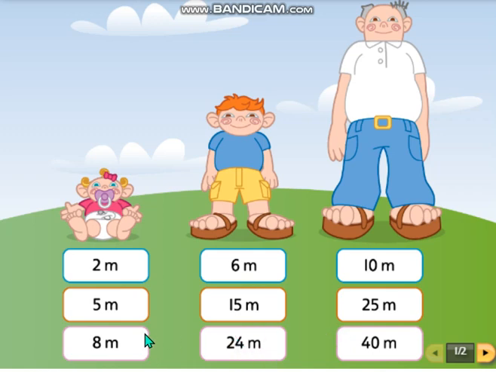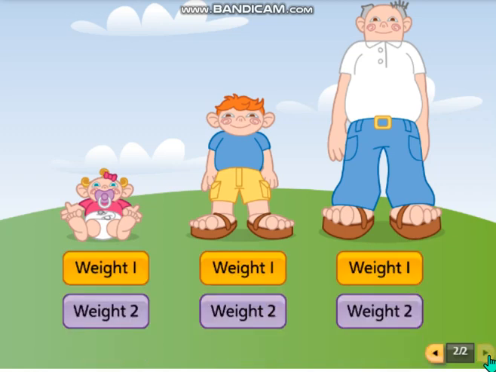Here, in this one, we are using m for meters. So in the next slide, we will be dealing with weight, and we are going to be using kg for kilograms. Alright, kg, not kg as kindergarten, but kg for kilograms. Now let's go to our next slide.